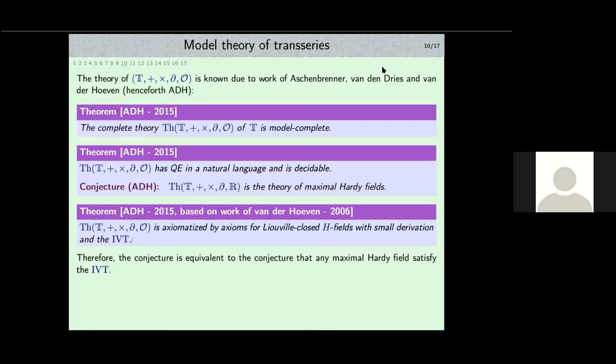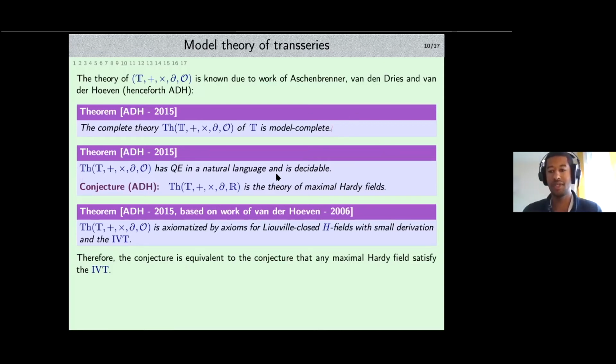What is the natural language? So yeah, we have to go into details a little bit. One important property of transseries is that you have those terms here.